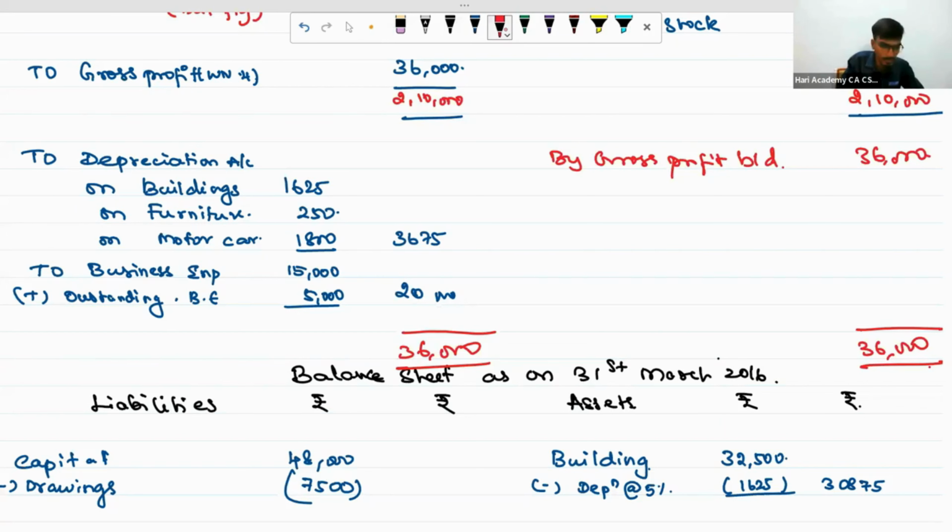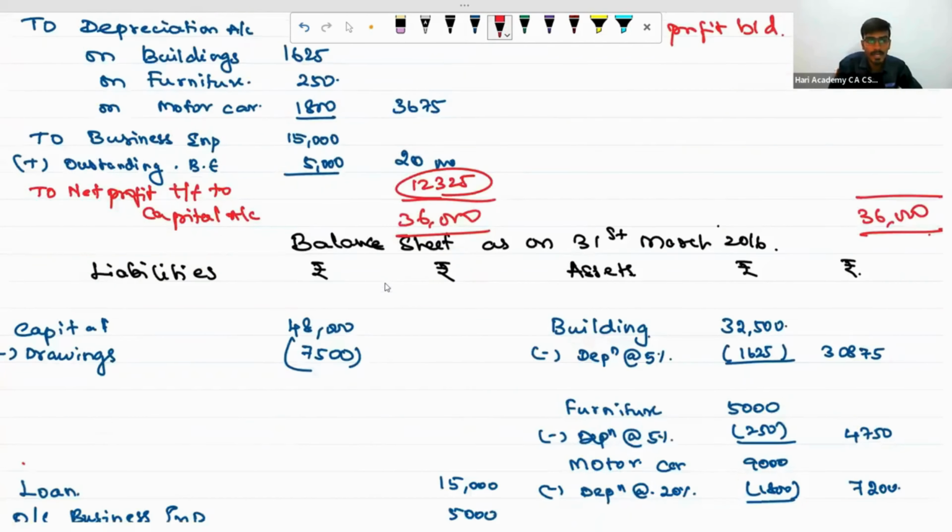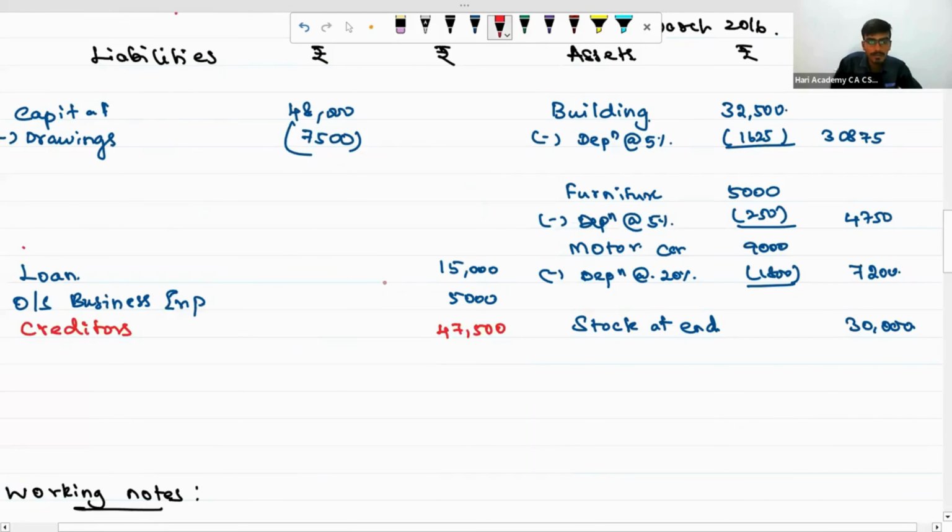From 16,000, if you subtract 3,675, you will end up with 12,325. This is your net profit, transferred to the capital account. If it is a net profit, we will add it to our balance sheet, correct? Right?